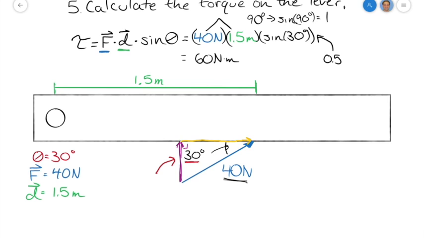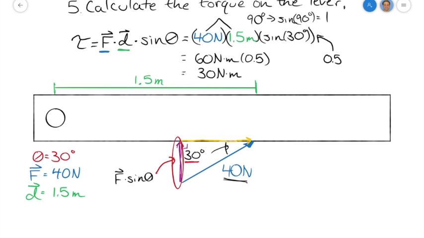This is what the perpendicular force is. So if you wanted to calculate it, you could actually get that just by doing the force times the sine of theta. And since sine of theta is 0.5, it would mean that only 20 of these 40 newtons are contributing to torque. So as a result, I get 30 Newton meters.